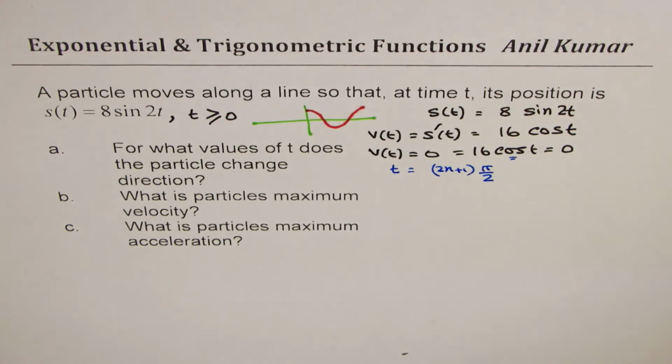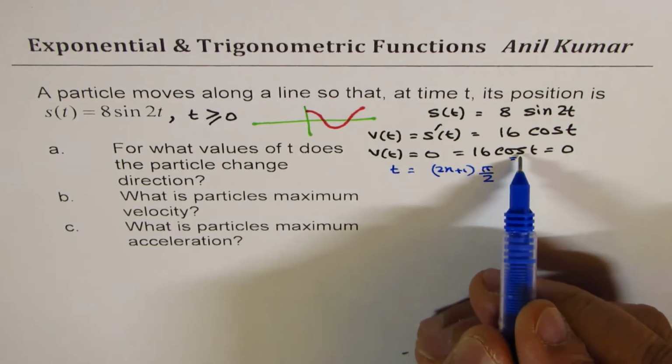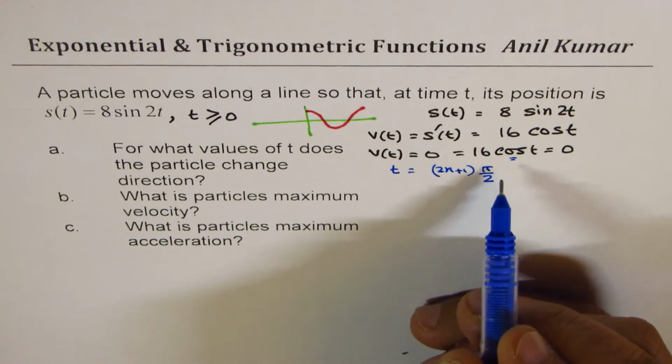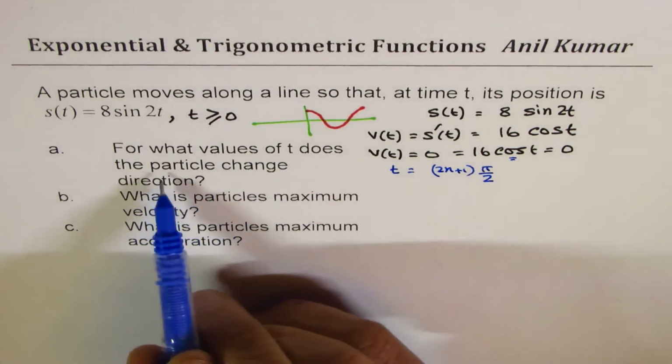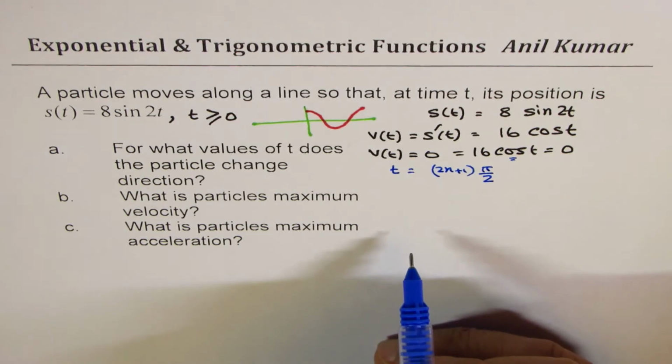So odd multiples of pi by 2, it is 0, correct? So those are the odd multiples when it is going to be 0. So those are the turning points. So for what values of t does the particle change direction? So these are the values of t.